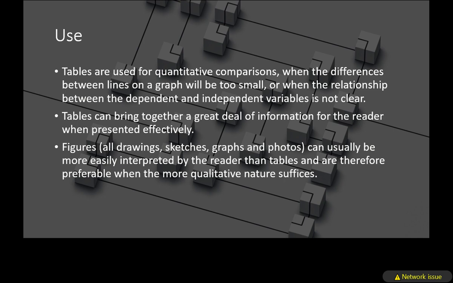Independent is that variable for which you are changing the value yourself, and dependent is that variable for which the value changes because of the other variable. So independent is the input and dependent is the output.